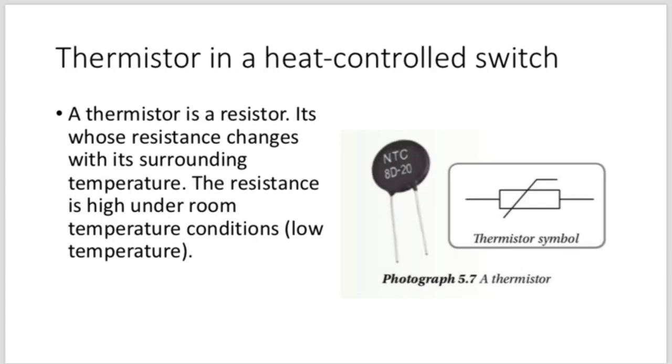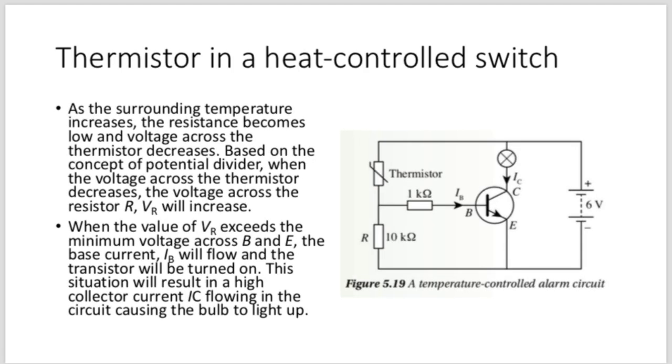You can do the same thing with a thermistor in a heat-controlled switch. Same idea, right? You place a thermistor there and you control the resistance. So when the temperature goes up, the resistance becomes low. And when the temperature goes down, the resistance changes, which also changes the amount of electricity that goes through the base circuit.